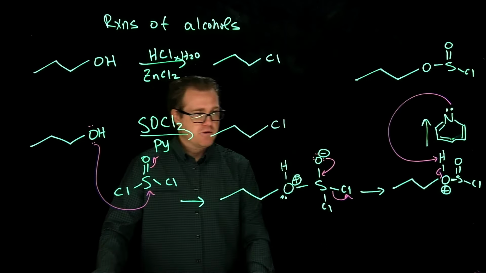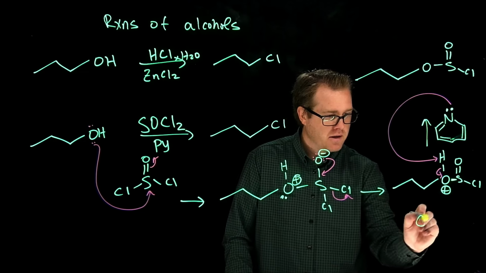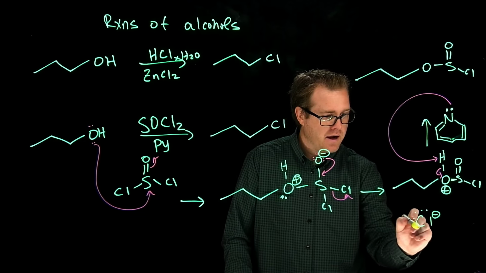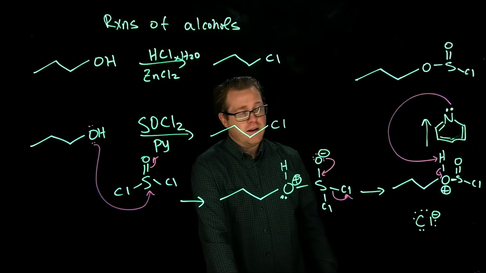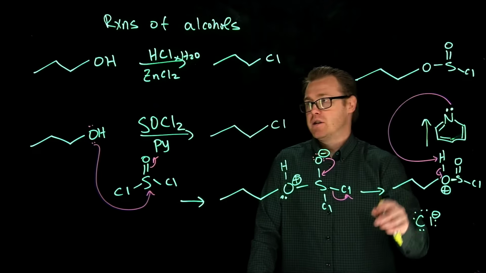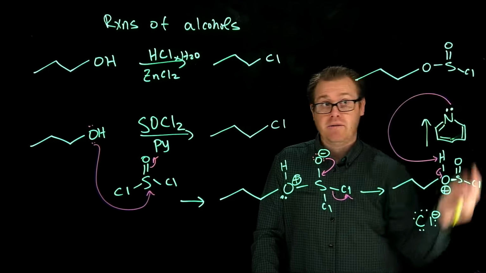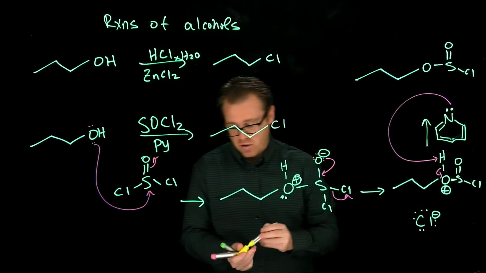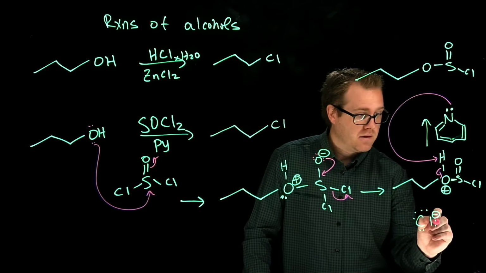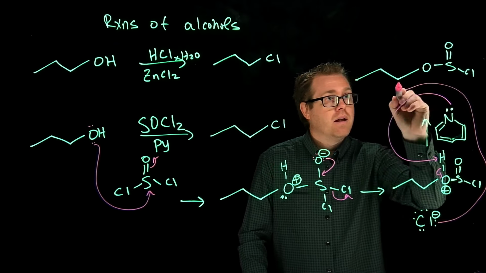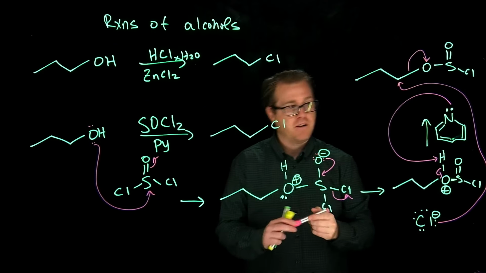Now what did we generate in this step right here? See how we kicked off a chlorine? So we have a chloride ion now floating around. And so what we've done here is that we've just converted the alcohol right here into a good leaving group. So now our chloride can come in and attack SN2 style and kick off that leaving group.